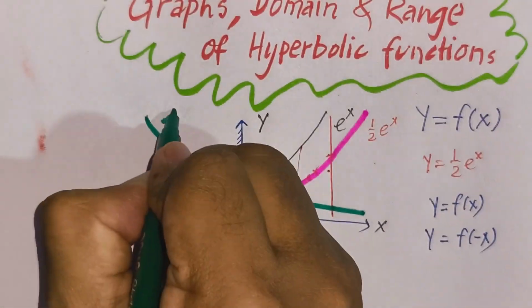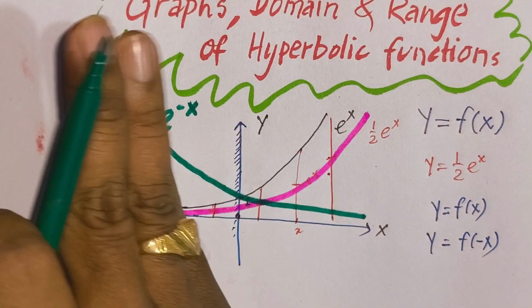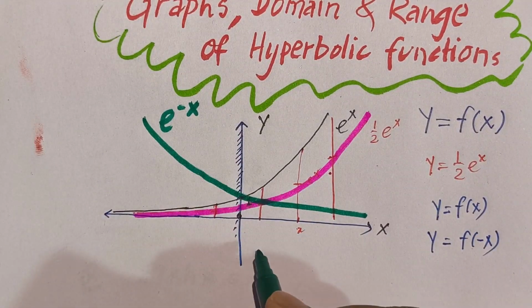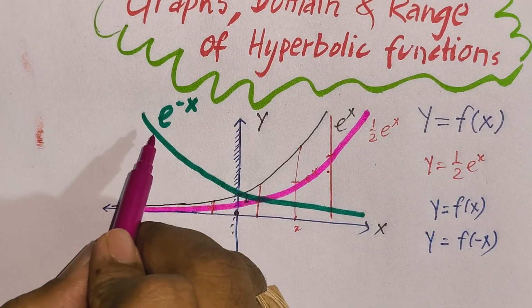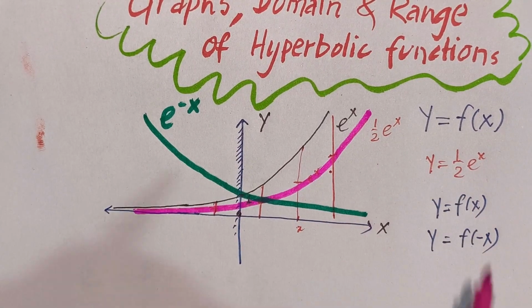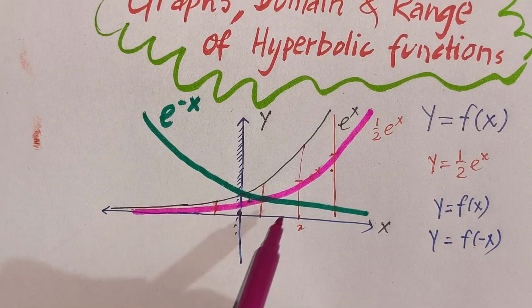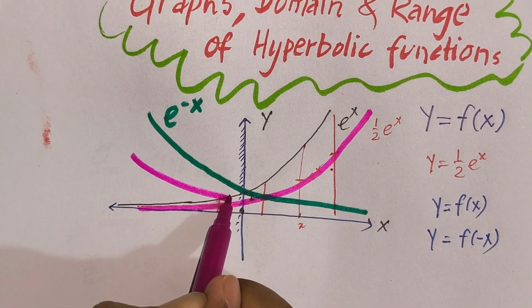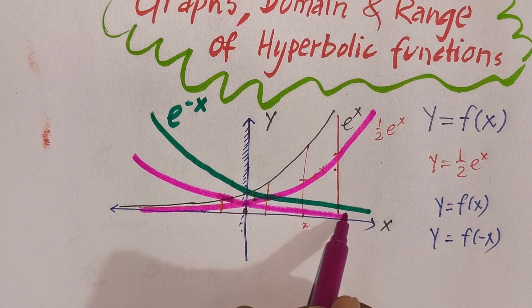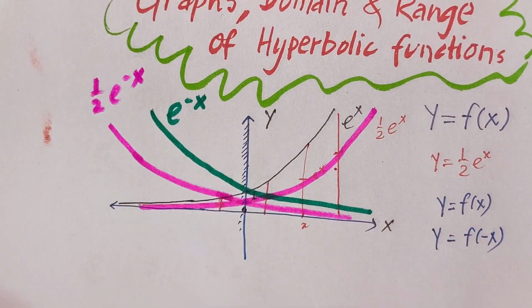Next, we should also know what half e to the power minus x is. By the same logic, all these heights get reduced to half. This is half e to the power minus x.